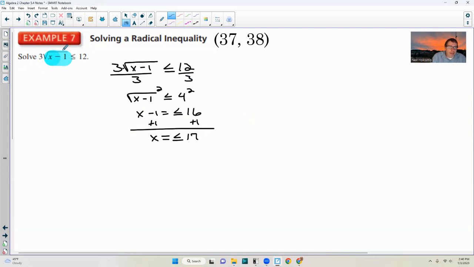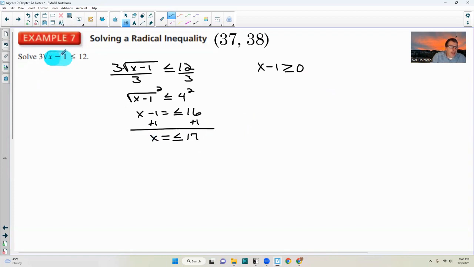But remember, we have to focus on this. Remember that that cannot be negative. So x minus 1 has to be greater than or equal to 0. Don't forget this step, because if I say x is less than 17 and I go beyond 0 to -5, I put -5 in here, I get the square root of -6. Or say I went to -8. -8 minus 1 is -9.